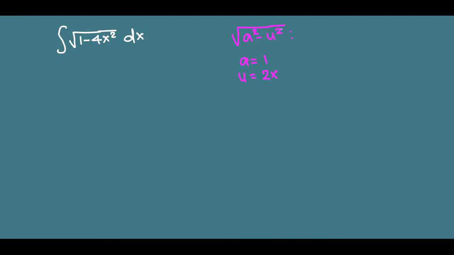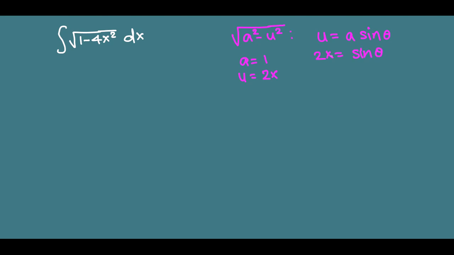We know whenever we get root a squared minus u squared, we make the following substitution: u equals a sine theta, which in this case is 2x equals 1 times sine theta.